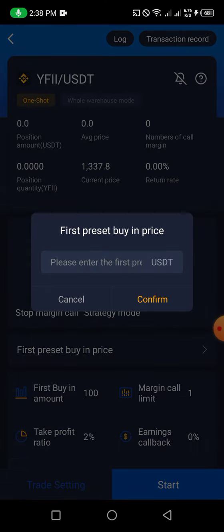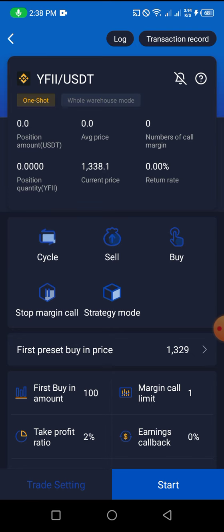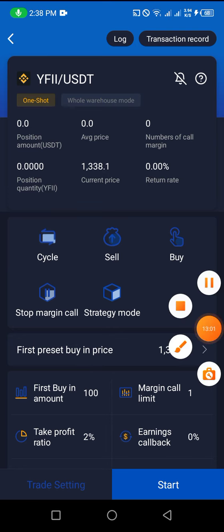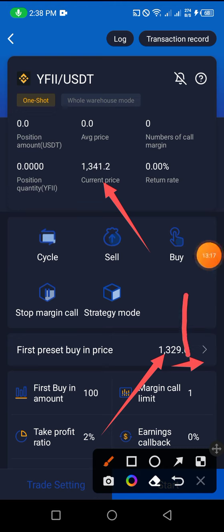So I'll tap there and put the price as 1,329, and then I confirm. Once I've confirmed, the entry price will be captured here. Currently, this is the price, but I want to enter at a lower price so that I am able to profit once the market begins moving upwards. And if it moves by 2%, I'll be in position to take my 2% from the market.